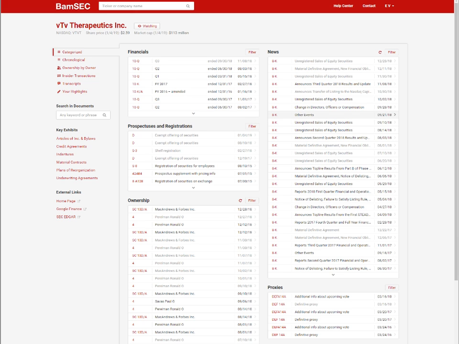But when they do register this, and when this guy is able to sell these shares, you're going to see a 424 filing for it, because they're going to register for resale. It'll be a secondary, not a primary offering.